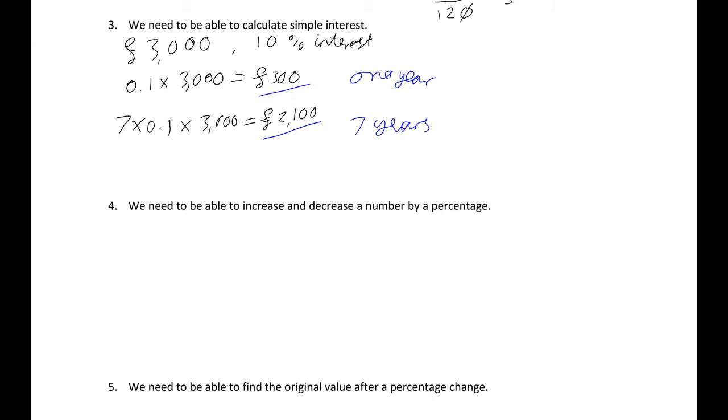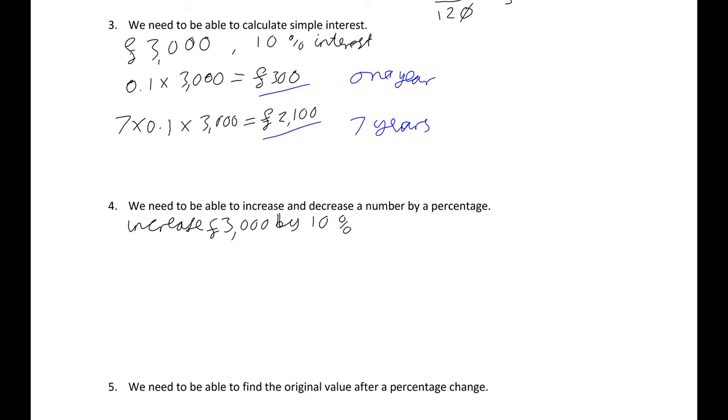So now we need to know how to increase and decrease by a percentage. In the example we did before, after 1 year we had a 10% increase. The question could have asked us, how much money in total do we have, including that 3,000? So what we want to do is increase 3,000 by 10%.